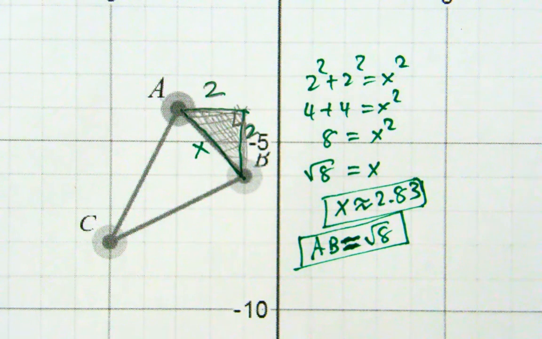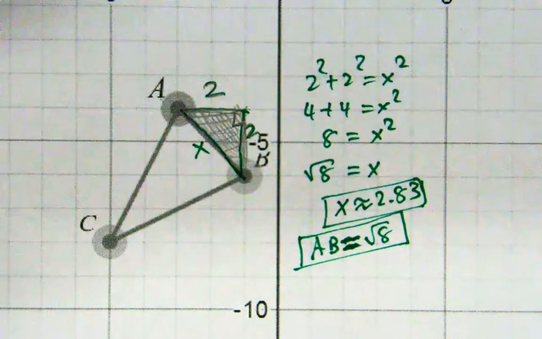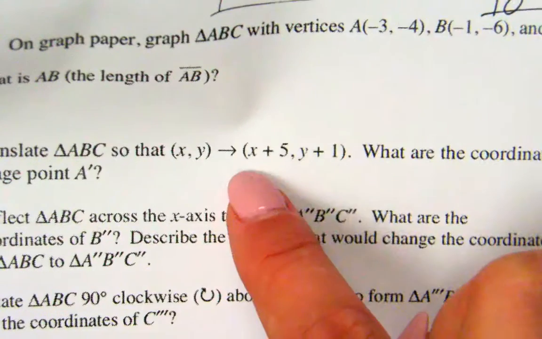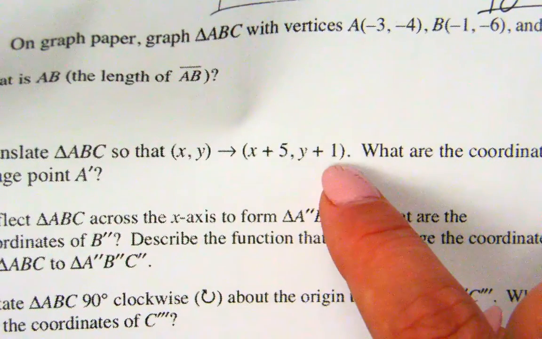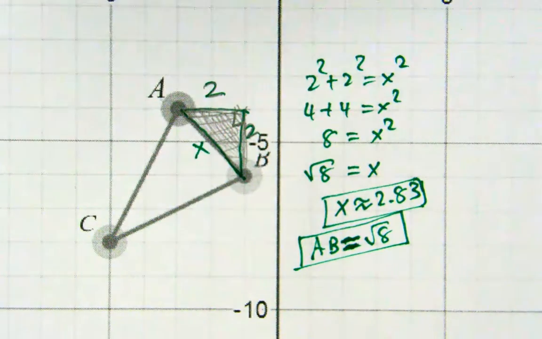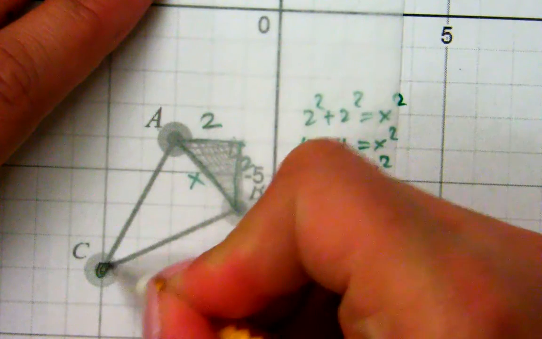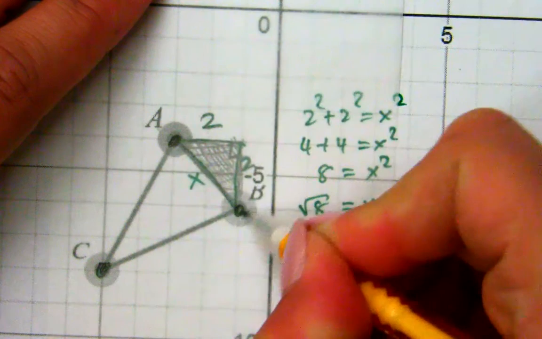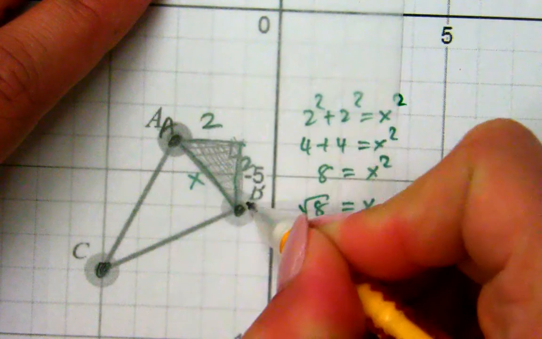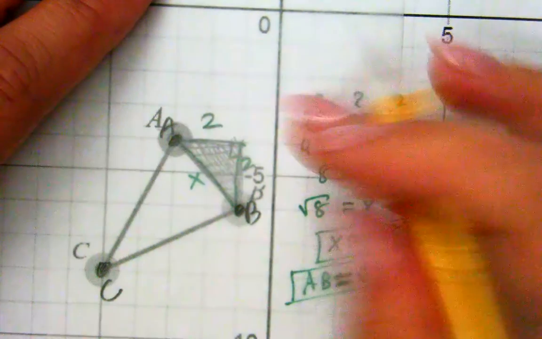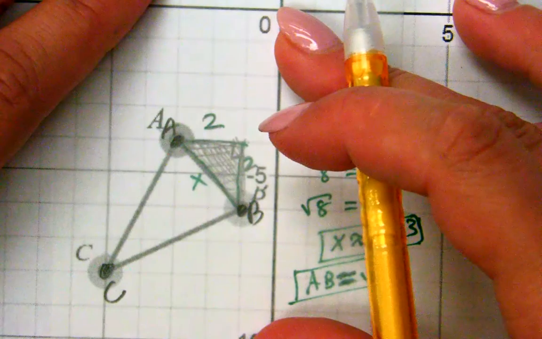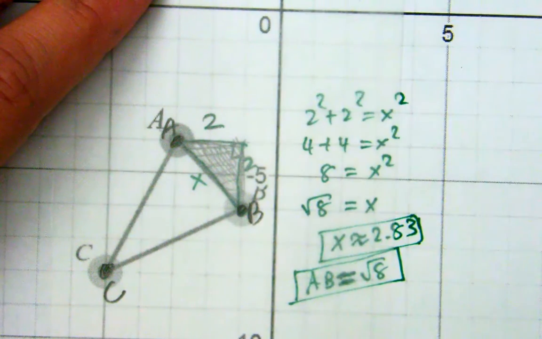So part B says translate it so that the x's go up 5 and the y's go up 1. So if you take your triangle, I'm going to copy it down real quickly. There's A, B, C. It says the x's go to the right 5, so plus 5, and the y's go up 1.